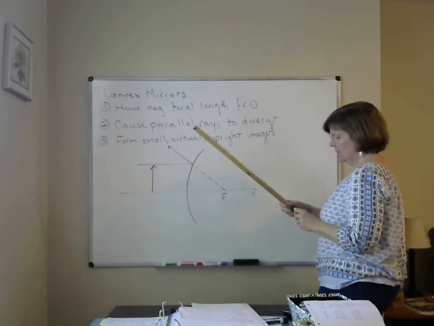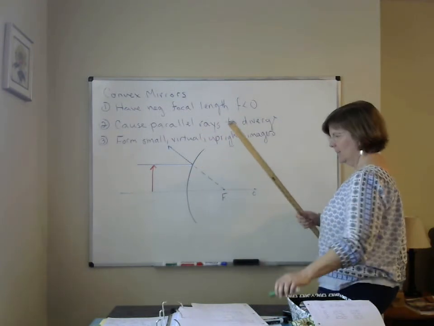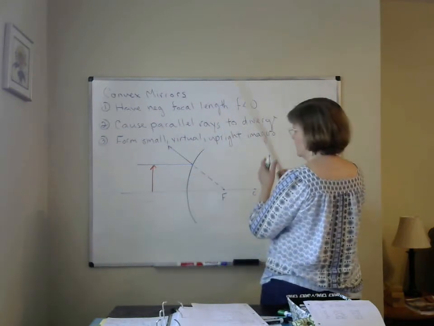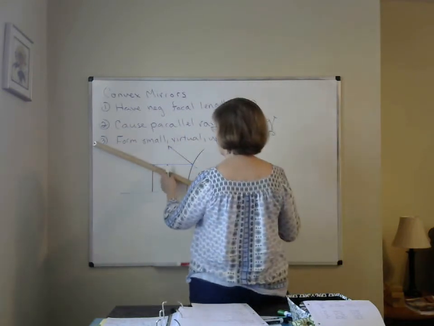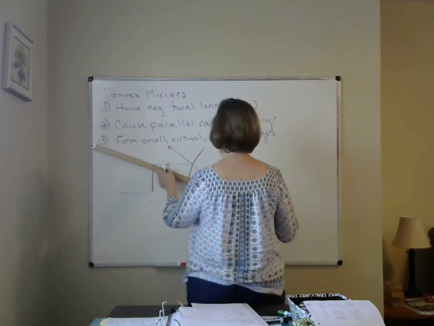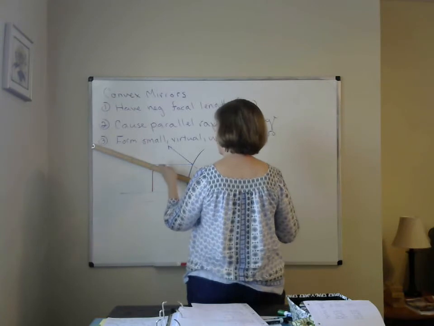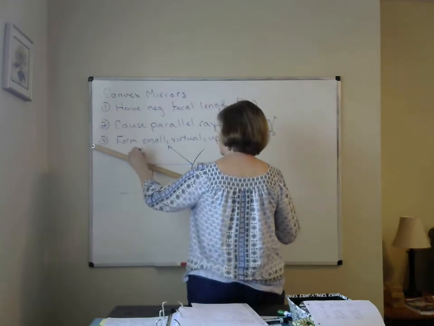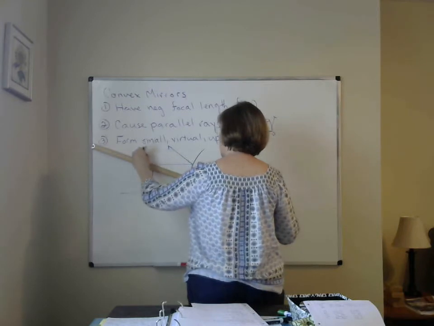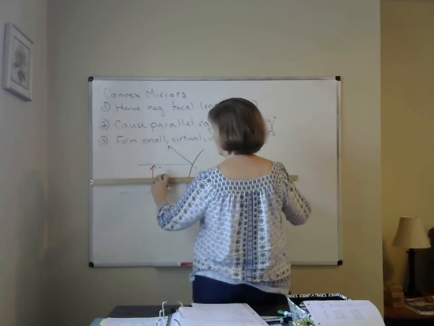If we have another ray that also goes across the tip that's directed directly toward the focal point, when it hits the mirror, it reflects parallel.